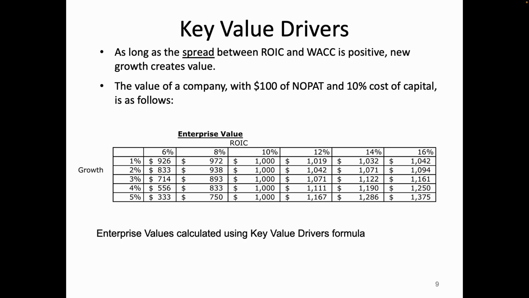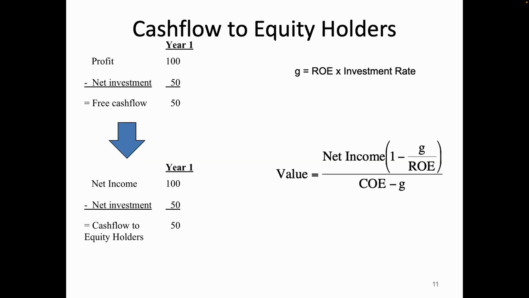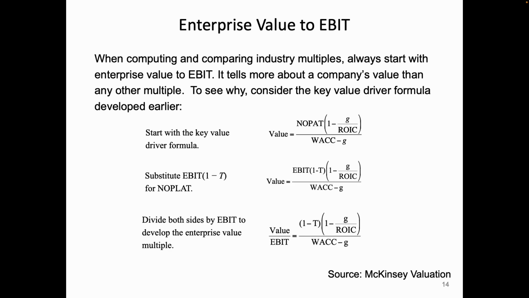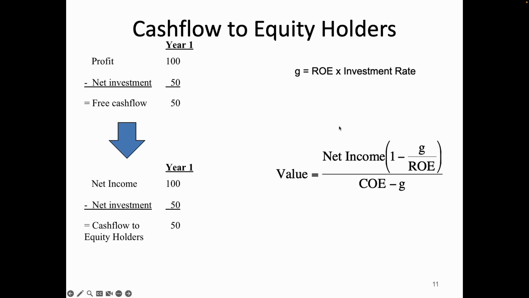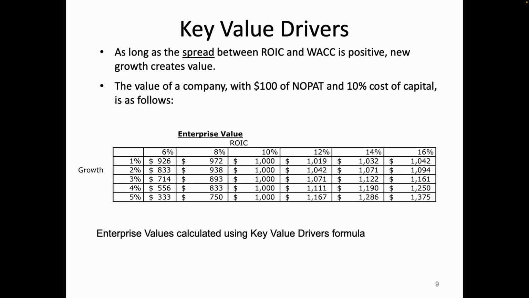Multiples are based on the key value driver equation. If you remember, this right here is the key value driver equation. We use it all semester. So here's the idea. I'm going to create a table of results plugging in numbers to the key value driver equation. There are 4 parts to the key value driver equation.